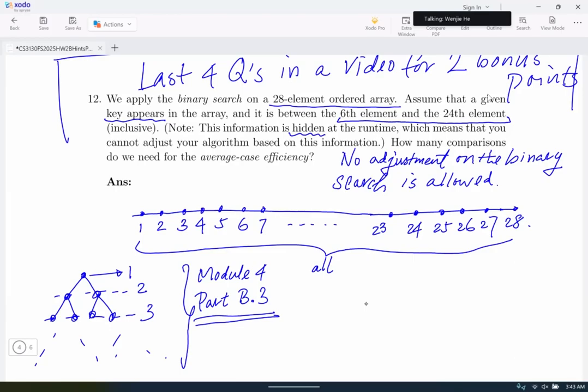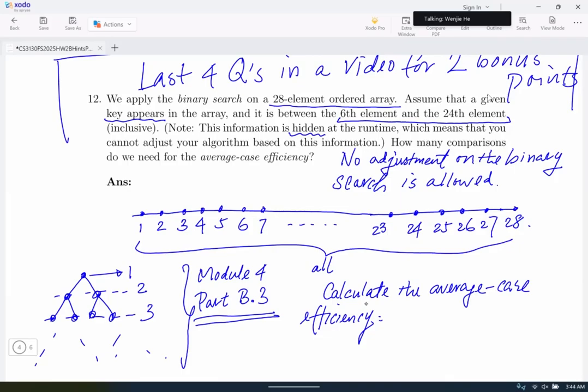When we calculate the average case efficiency, we need to apply this hidden fact.